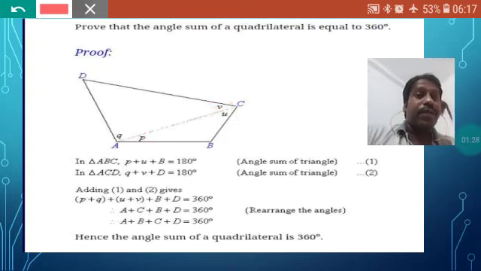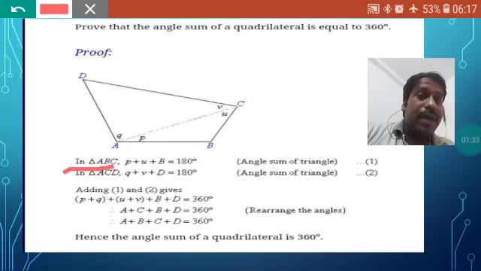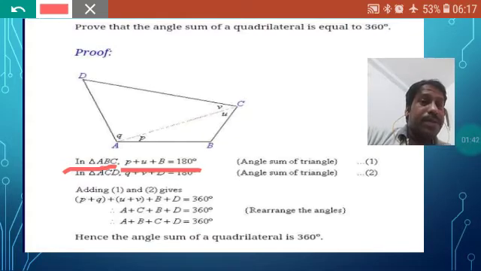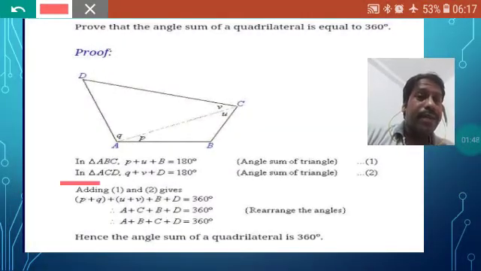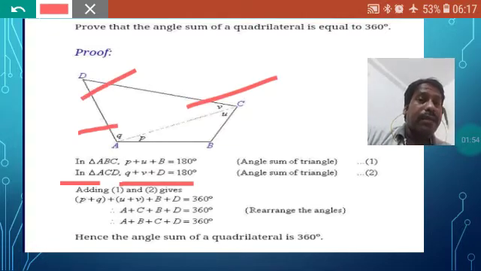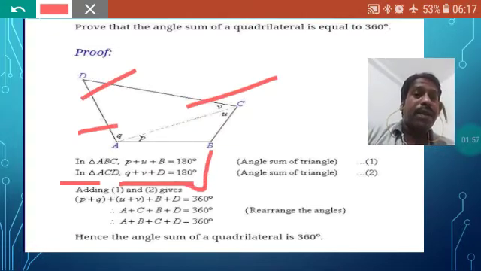So first of all, in triangle ABC, P plus U plus B is equal to 180 degrees. Clear? Similarly in triangle ACD, Q plus V plus D is equal to 180 degrees. This is Q, this is V, and this is angle D. So we have two equations with two triangles.